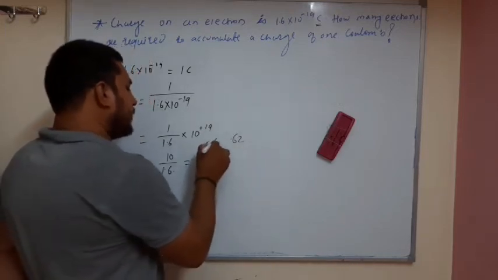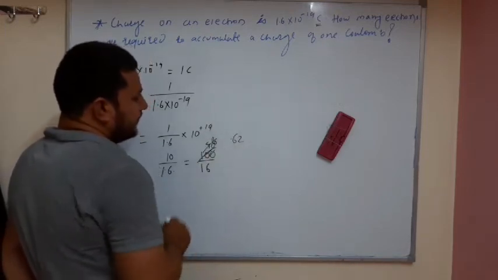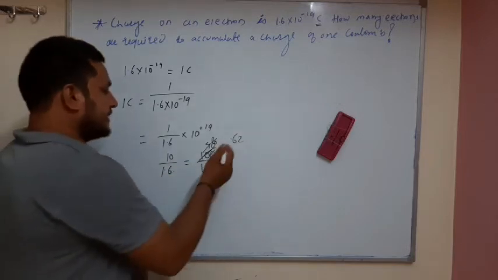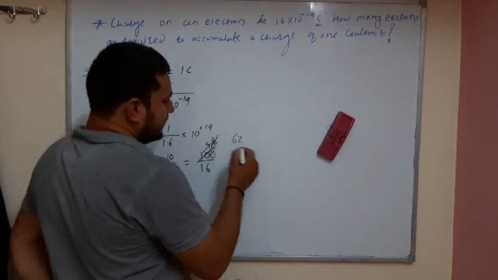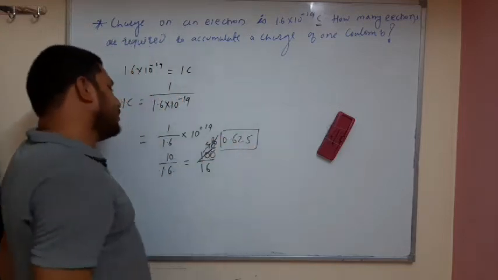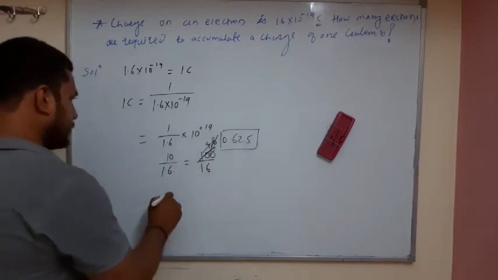Now the remainder is 8, again a 0 will come, then 16 times 5 gives the complete answer, and our remainder is 0. So our answer is 0.625.